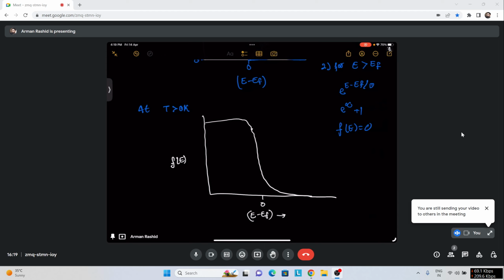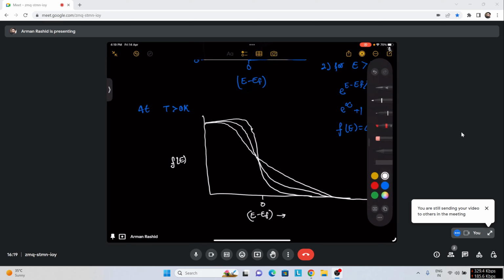If we go on increasing the temperature further, if we call this T1, this is T2, this is T3, we should know that T1 is less than T2 is less than T3.